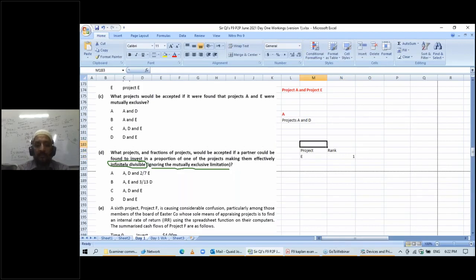The funds that are available are 10 million.